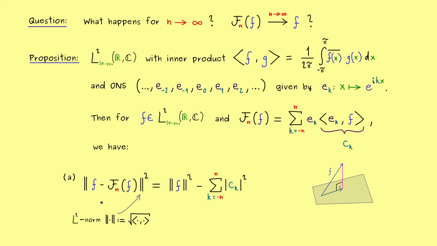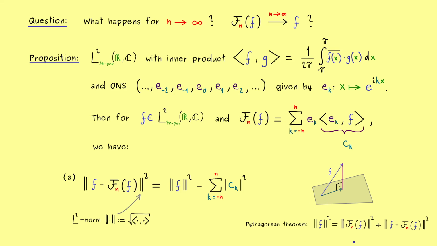Obviously, what we calculate here on the left hand side is just the length of the normal component. And since the normal component and the orthogonal projection are orthogonal to each other, we can just use the general Pythagorean theorem. This one is easy to prove in the inner product space, and it just states that the length of f squared is equal to the two lengths squared added here.